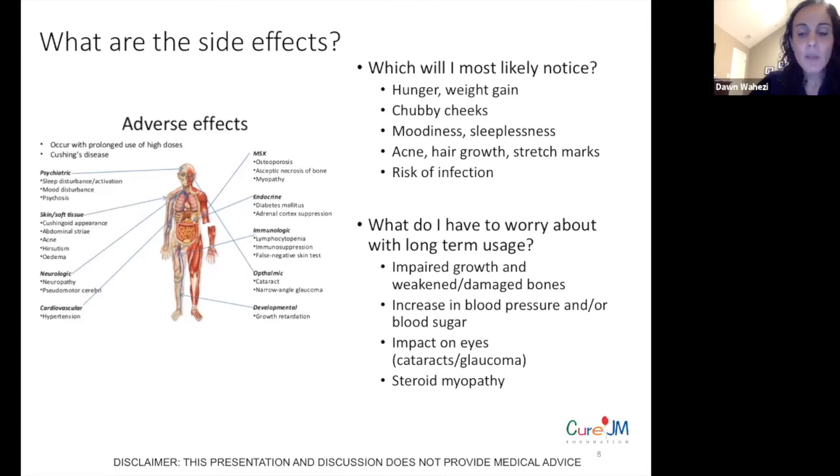And then rarely there's something called steroid myopathy. I only bring it up because we're treating your child for weakness with the steroids, and then that can potentially be an adverse effect, where it makes them weaker. But that's a really rare effect, and it happens over time. It is something that we keep an eye out for.